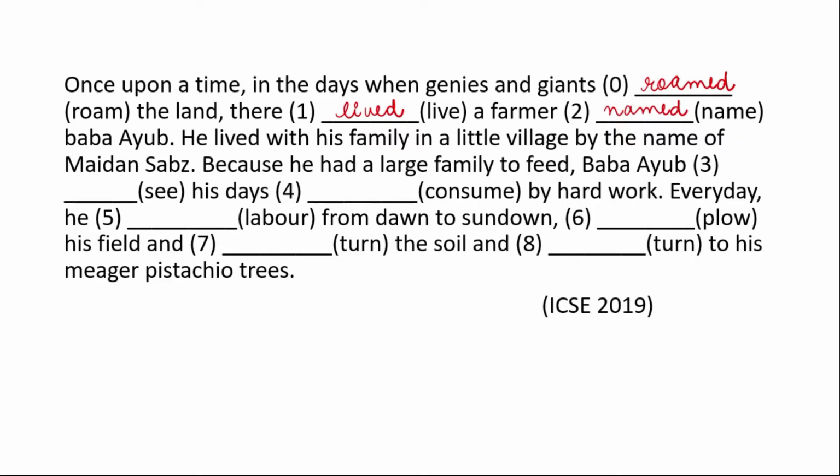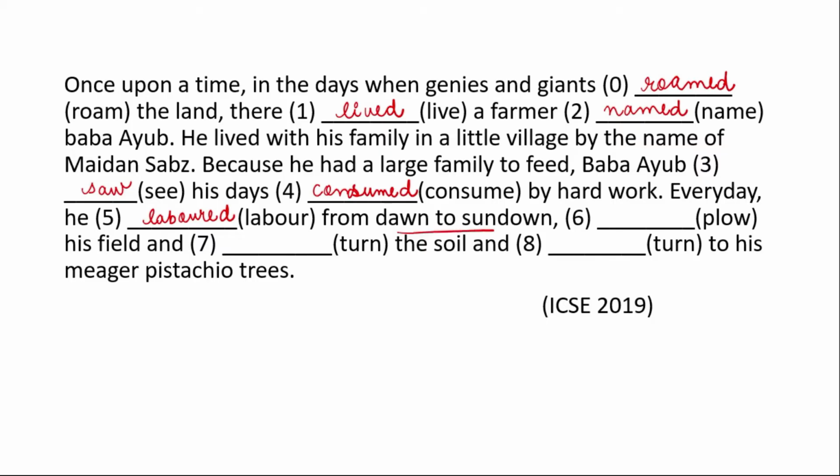Because he had a large family to feed, Baba Ayu saw, the past tense of see, his days consumed, the past tense of consume, by hard work. Every day he labored, L-A-B-O-U-R-E-D.